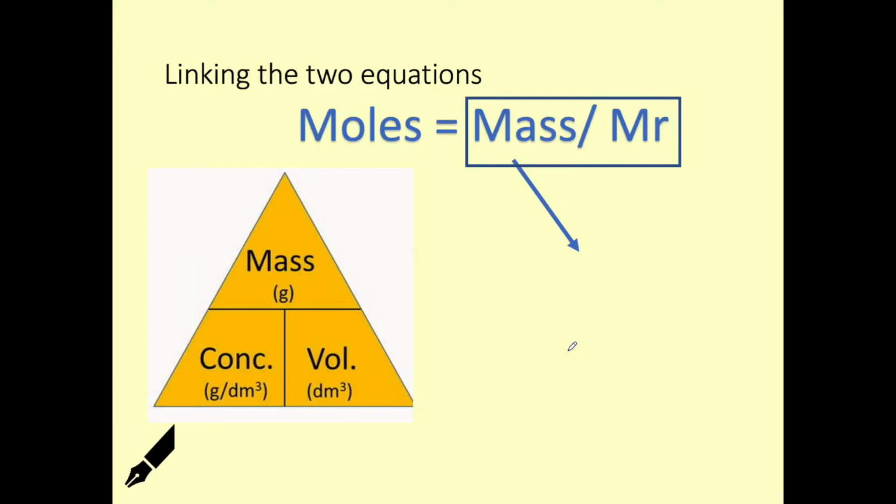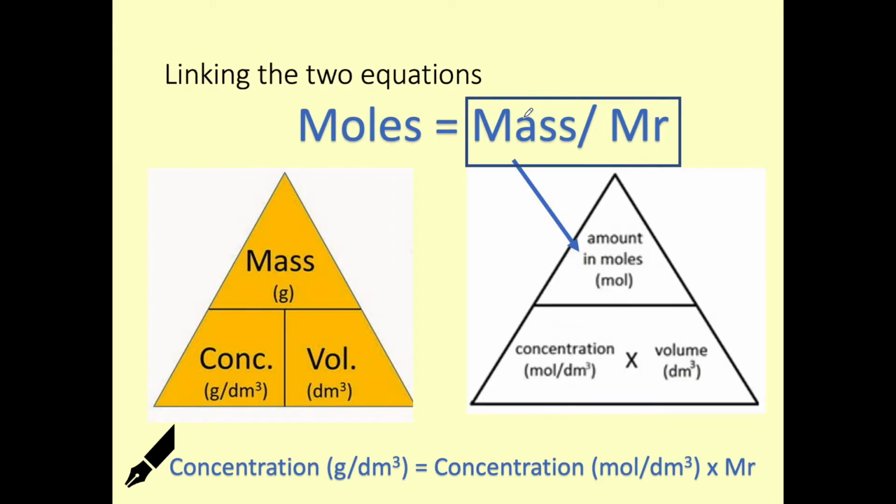So we can also look at linking these two equations together, because there is an equation which links our moles and our mass. So we could substitute in, instead of moles, mass divided by MR, and we can then rearrange it to make it look like this triangle here.